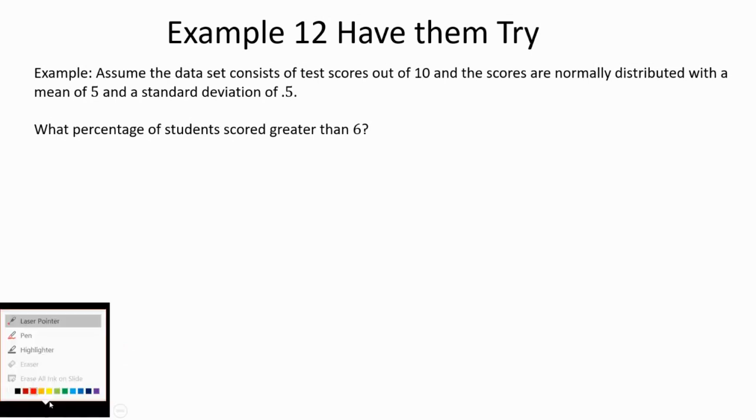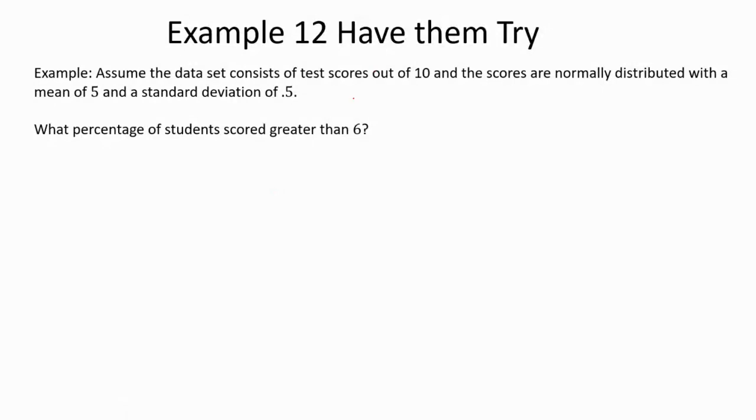The data set consists of test scores. They're out of 10. Like before, they're normally distributed. The mean is 5. The standard deviation's a half. The question is, what percentage of students got greater than 6?